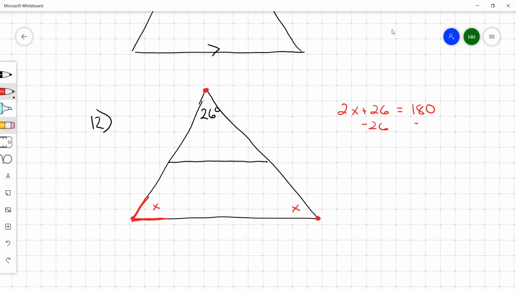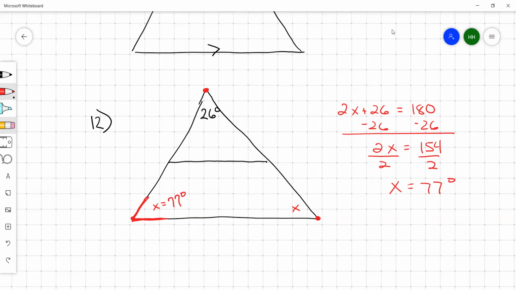Subtract 26, your 2x equals 154. Divide both sides by 2, 77 degrees. They're both 77.